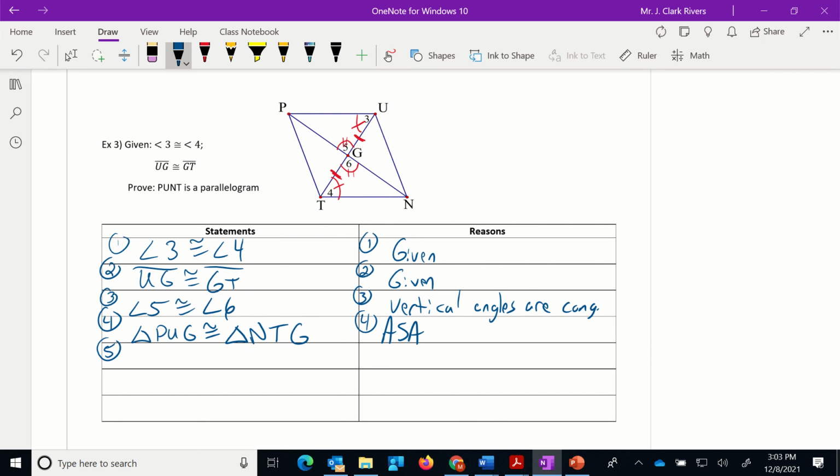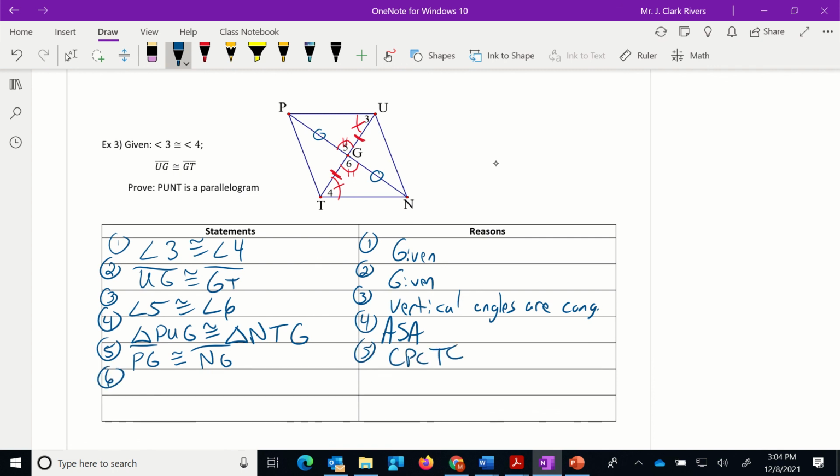Number 5, I'm going to say that PG, right, that's right here, is congruent to NG. That's right here. So that's my second diagonal that's been bisected. CPCTC.